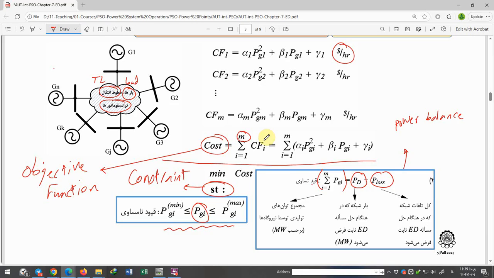You have to write an objective function and minimize that objective function with constraints. Those constraints in a power system could be the minimum and maximum of active power, or balancing of power, or other subjects.